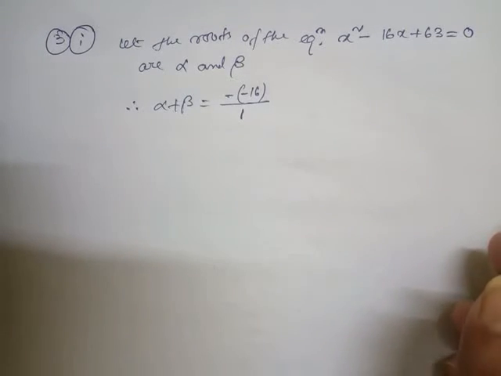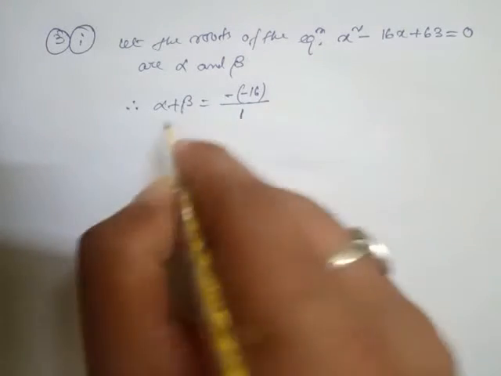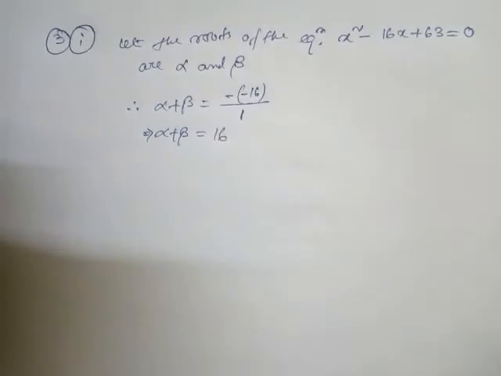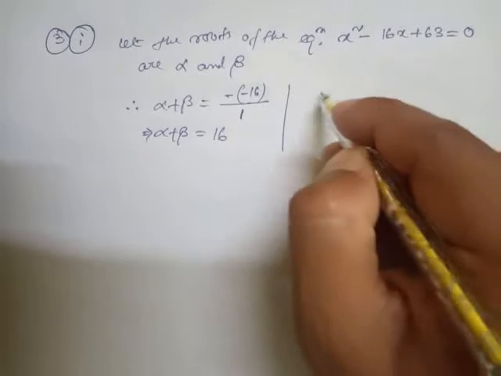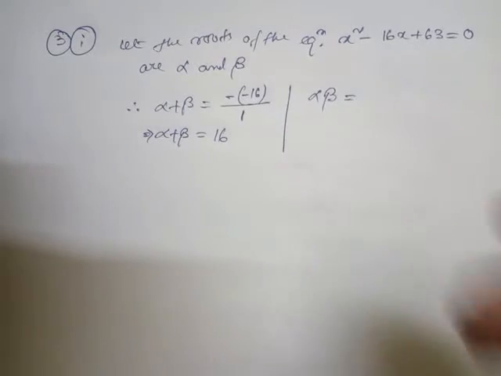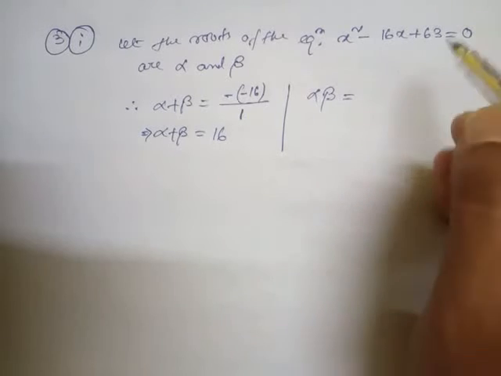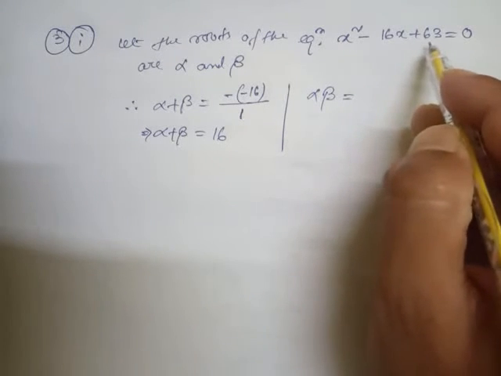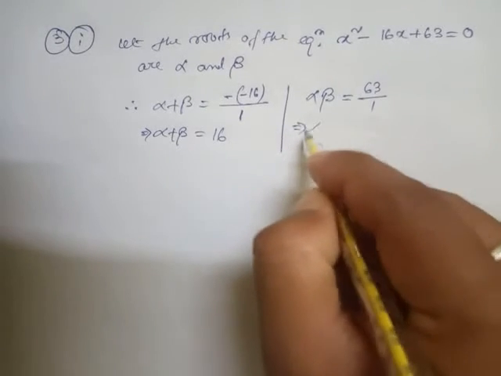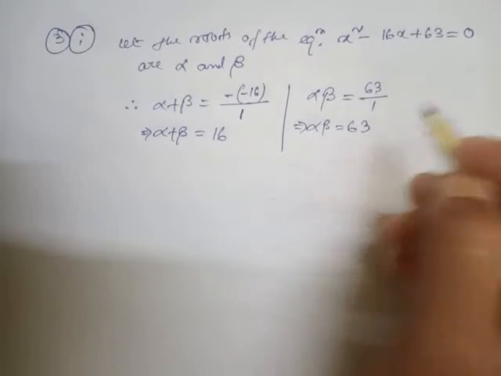So alpha plus beta equal to minus minus, plus, so plus 16. And the product of the roots, alpha into beta, is c by a. The value of c is 63 by 1, so alpha into beta equal to 63. This is the product of the roots.